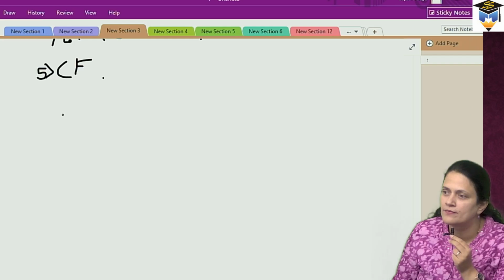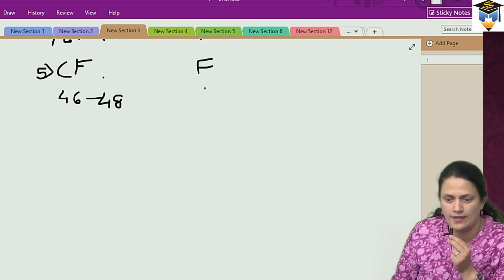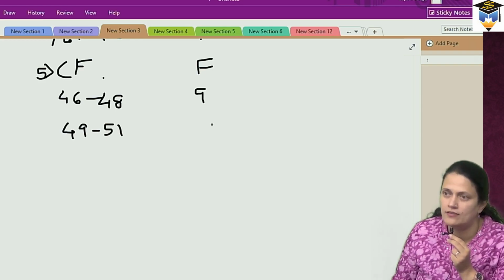Tell me, last 5. 46 to 48, and the frequency is 9. Then 49 to 51, frequencies. 49 to 51, Harshavardhan, what is the frequency? 46 to 48 is 9.